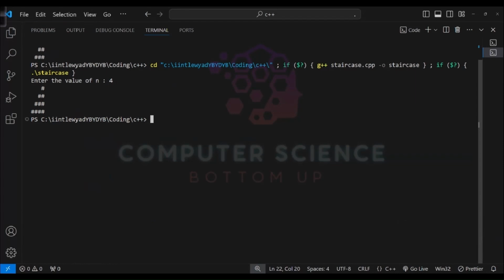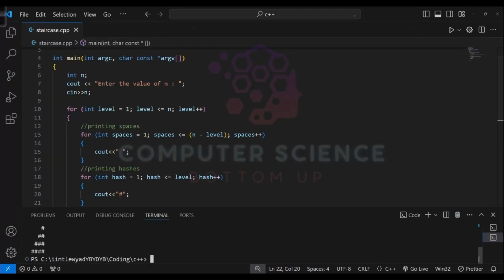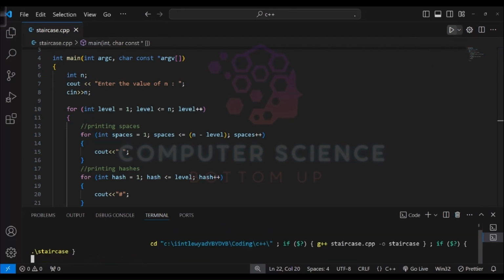Okay, so it is working. Let me run it one more time for n is equal to 6.